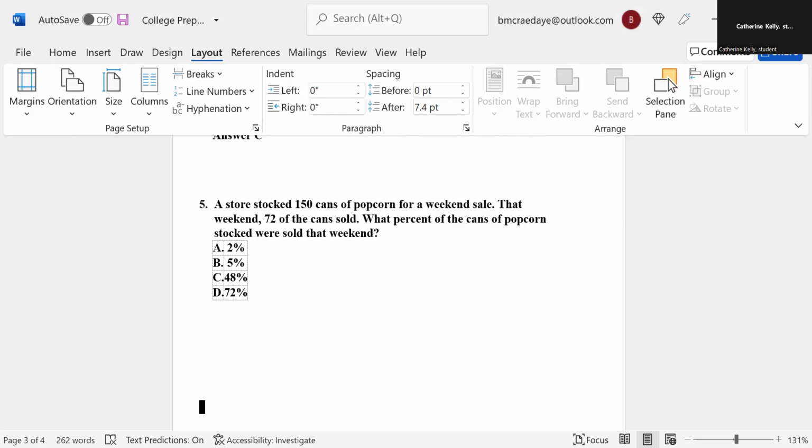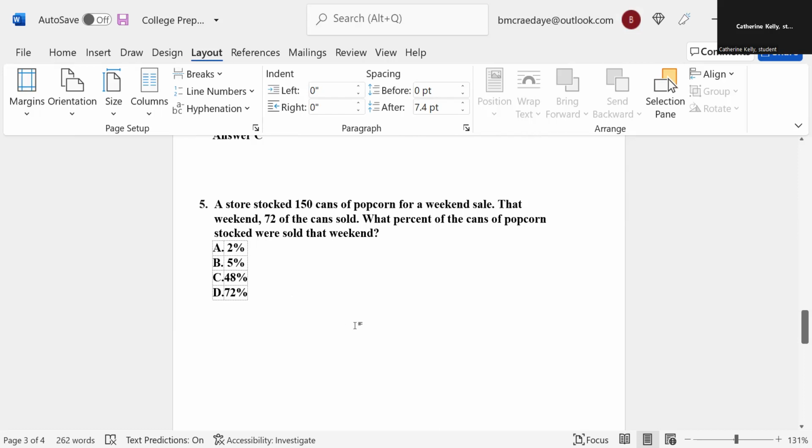Yes. So percent is going to be cans sold divided by the total. So what would that be? Oh, you got to divide the 72 by the 150.